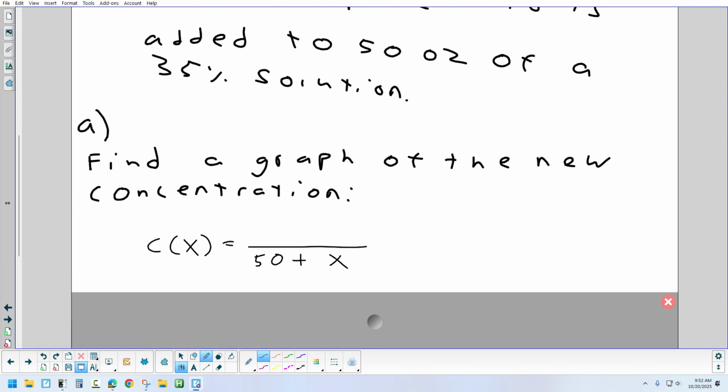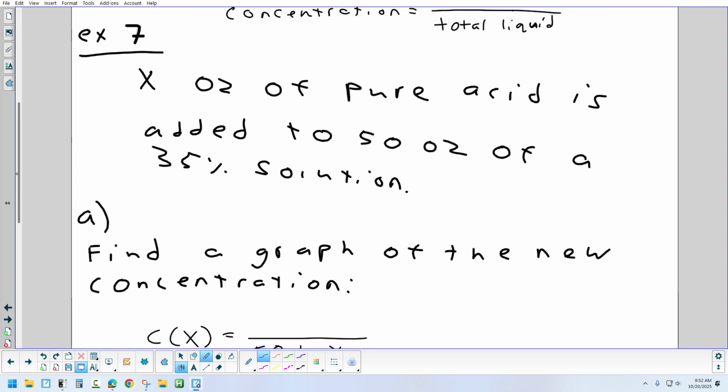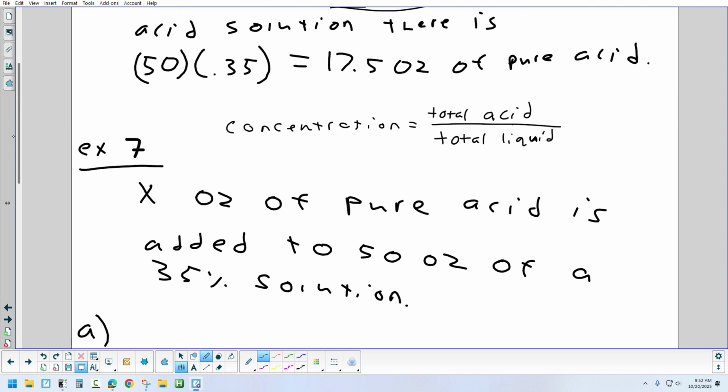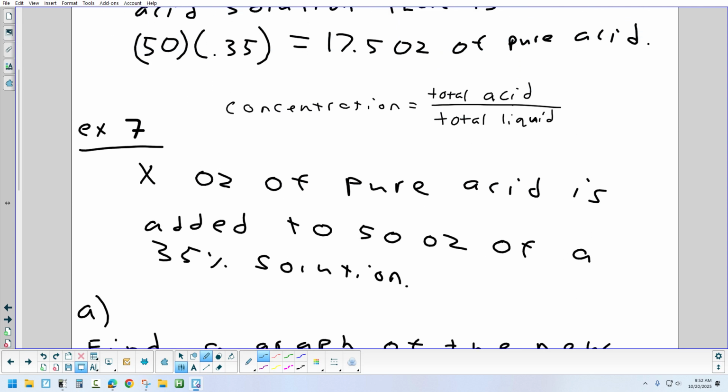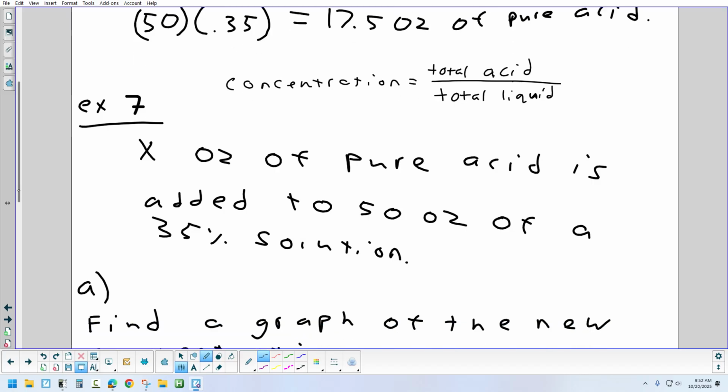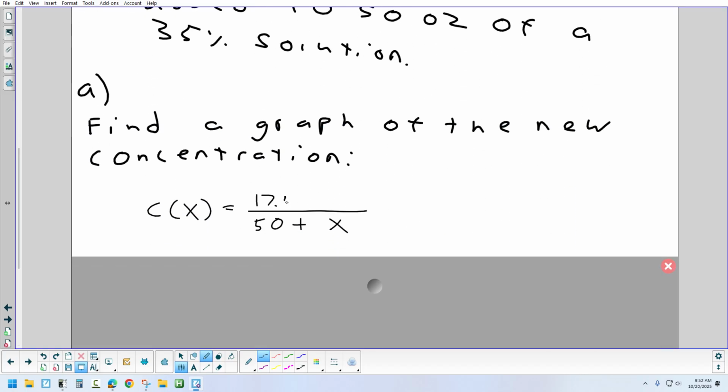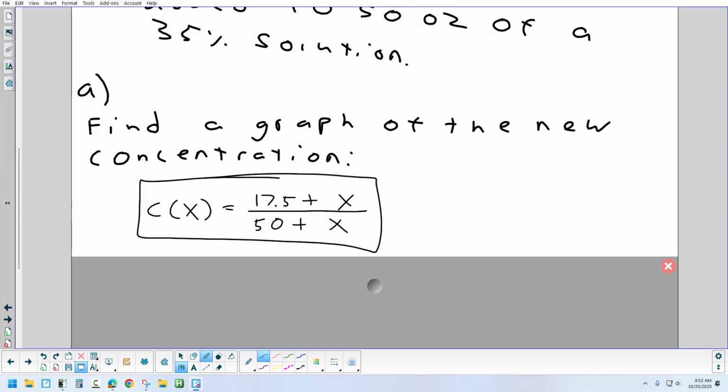So I started with 50, I'm pouring in X ounces. That's going to be my new total amount of liquid. Now in the top is the total amount of acid. How much acid was in this solution to start with? I had 50 ounces, but it wasn't all acid. 17 and a half. We started with 17 and a half. And how much acid are we pouring in? We're pouring in X. That is the graph of your concentration.